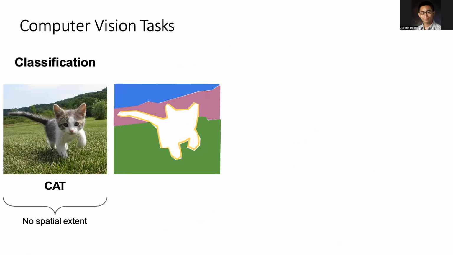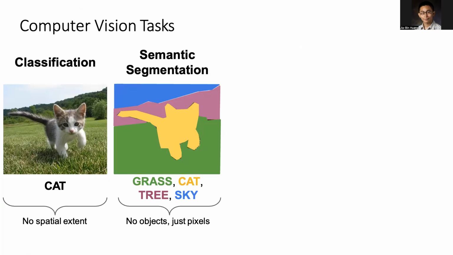So far we have described a standard architecture that can do classification. Basically, you have an input and then you make predictions at the end. But a lot of problems are not like that. For example, given an image of a cat, you may want to do semantic segmentation, where you label every pixel with its semantic class. This is very important, for example, if you are building a self-driving car or a robot that needs to know where it can go.